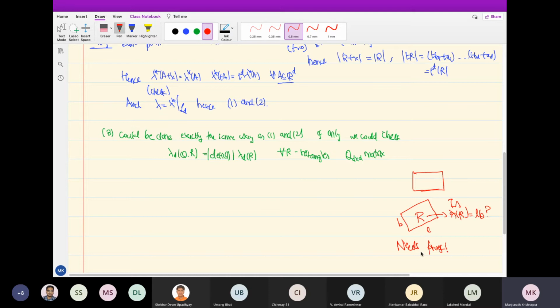So now if you want to calculate the volume of this, you have to go to the definition of outer measure and cover this with axis parallel rectangles. How do I do that? Maybe I make a very fine grid. It's kind of easy to imagine that I will cover it like this with rectangles so that I don't exceed too much. It seems plausible, but you have to write a proof for this.